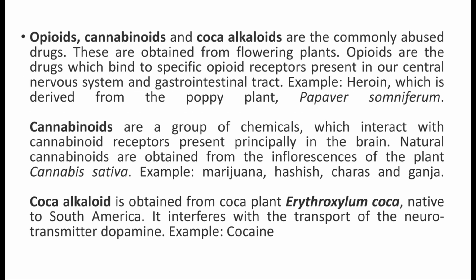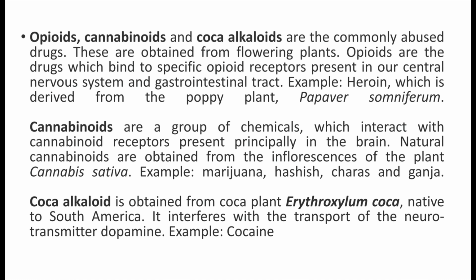Opioids, cannabinoids and coca alkaloids are commonly abused drugs obtained from flowering plants. Opioids are the drugs which bind to specific opioid receptors present in our CNS, or central nervous system, and gastrointestinal tract.